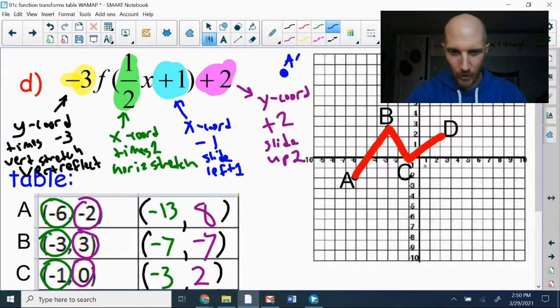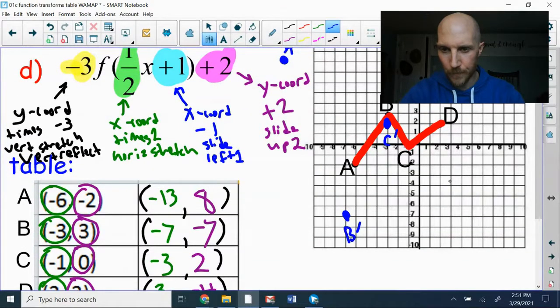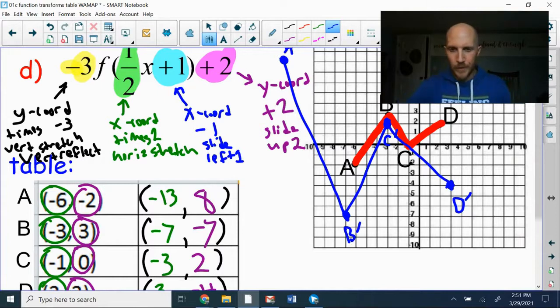B prime is at -7, -7. C prime at -3, 2. And D prime is at 3, -4. Connect the dots. Try to draw straight lines. Rulers are helpful for that.